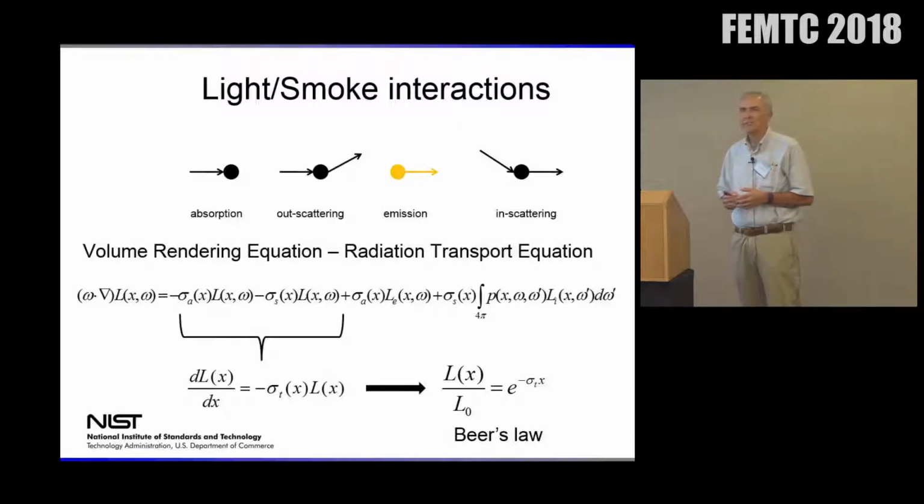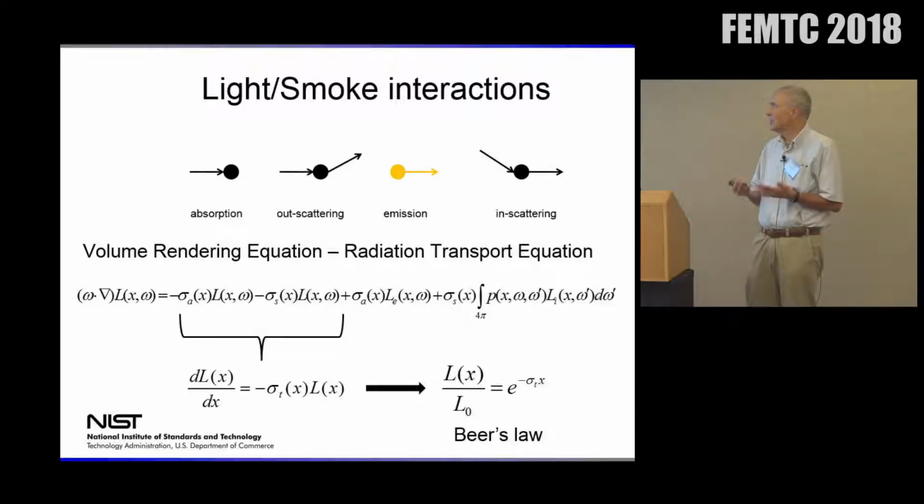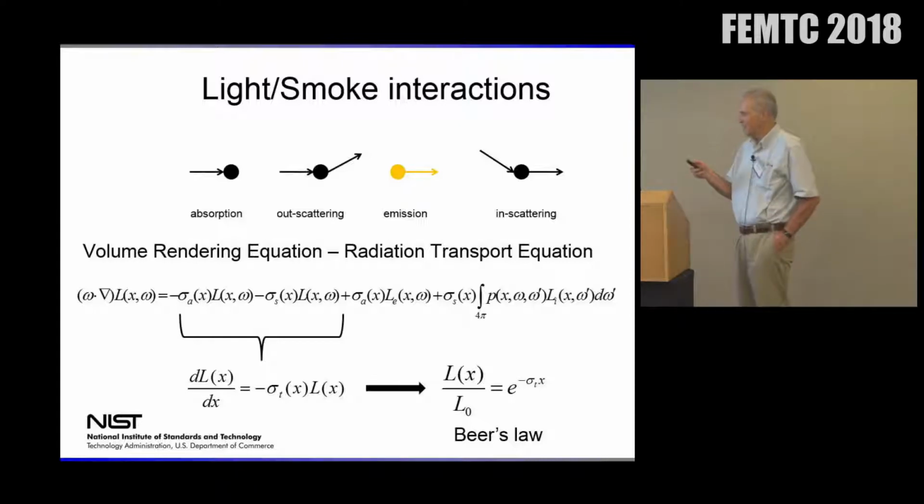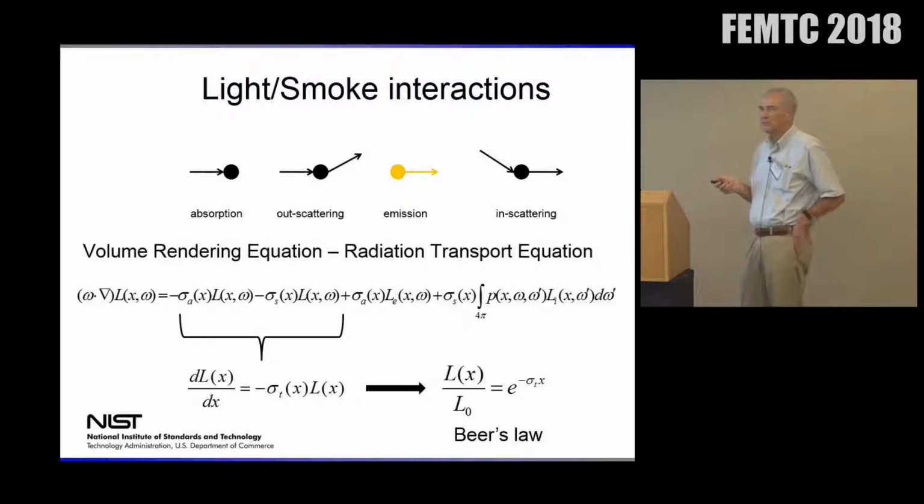The basic equation that I'm solving to visualize the smoke is called the radiative transport equation. So concentrate on the upper half of the slide. I just have the lower half for reference. You can think of light coming from the left to the right. There are basically four types of interactions that we can model.